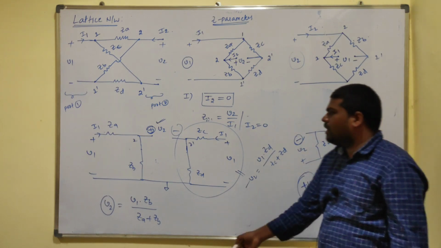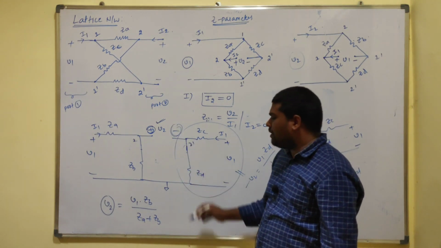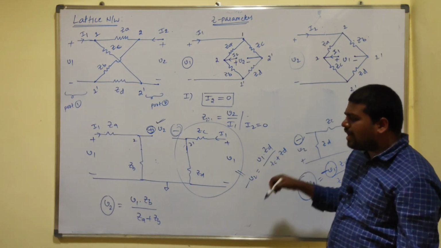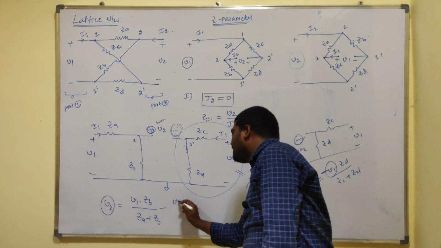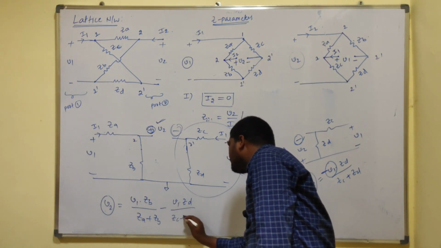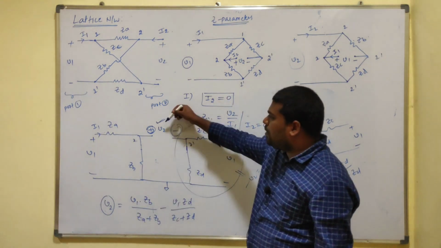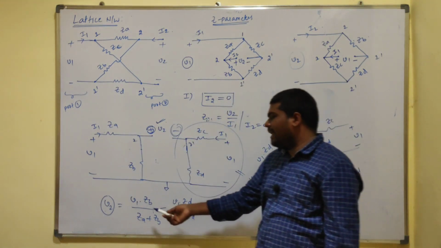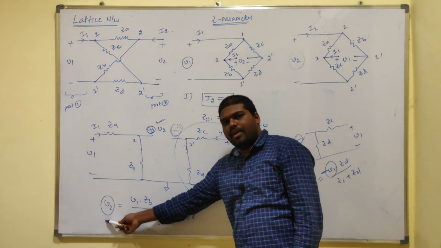Same thing here also. Here I am taking the minus sign for this branch, right? So you will take minus V2 equals V1 into ZD by ZC plus ZD. But already here we are taking plus V2, so here we can consider V1 into ZD by ZC plus ZD. Why am I taking these two elements? This voltage drop is a combination of two parts, so I will take the addition of these two, which gives the resultant V2, right?